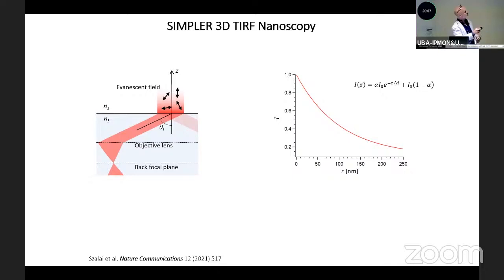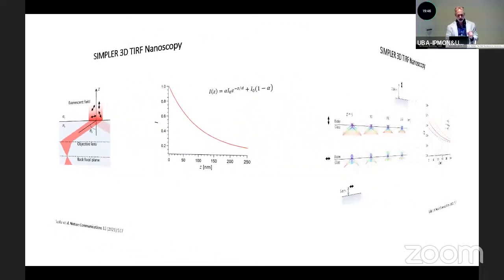It penetrates just near the interface with an evanescent field that has this look. It's an exponential decay. So the intensity of the excitation field is stronger near the interface, and it decays exponentially inside the sample. Fine. But that's not the whole story.